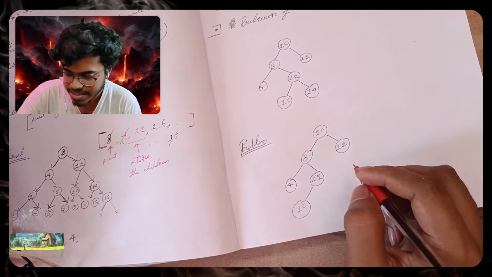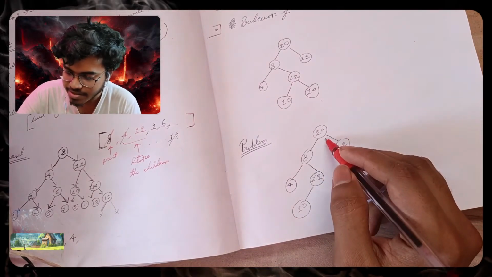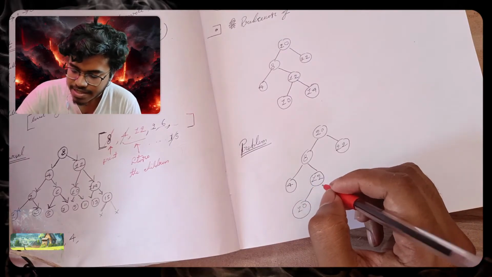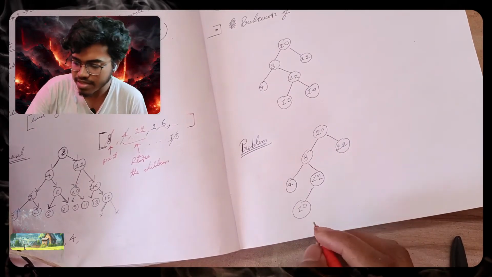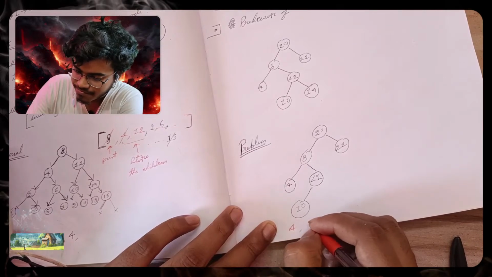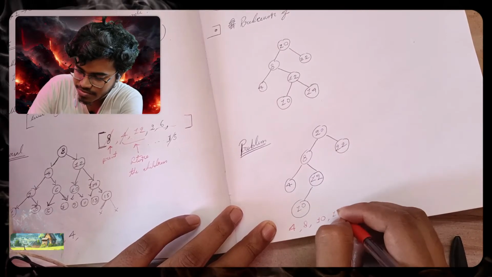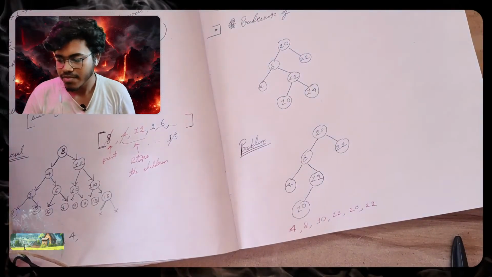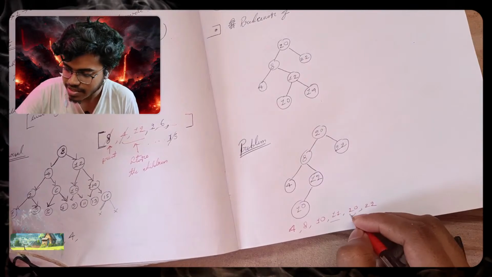When we do in-order traversal, the successor of 12 should be 20, because in-order traversal of a BST returns a sorted list. Like here the BST will return 4, then 8, then 10, then 12, then 20, then 22. So the successor of 12 is 20.